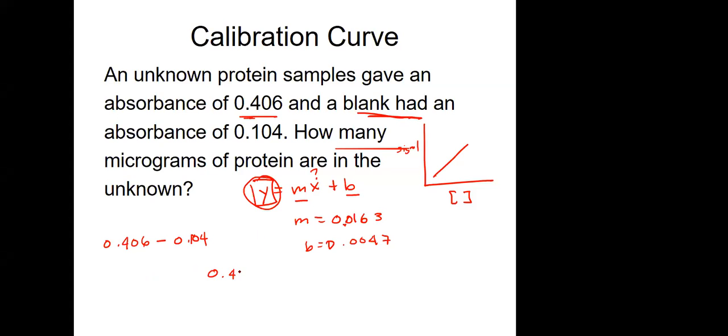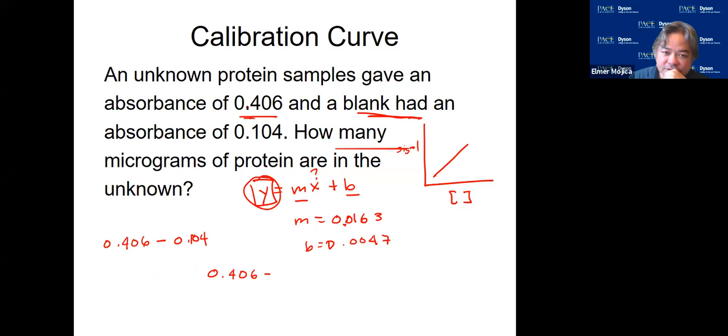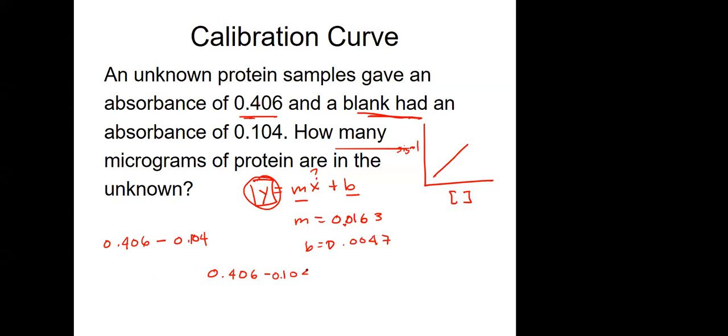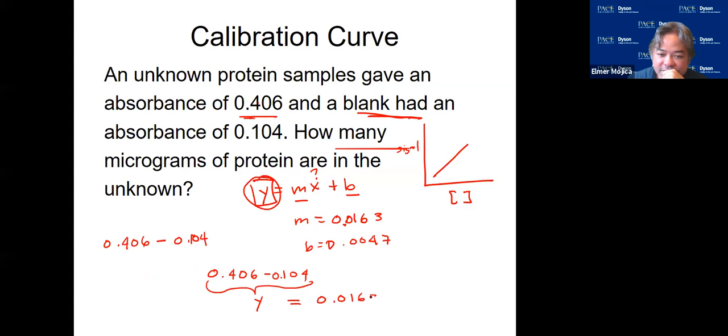You subtract the blank from it. So you're going to subtract it with this one, and that will be your corrected Y value. And then you have it like this.